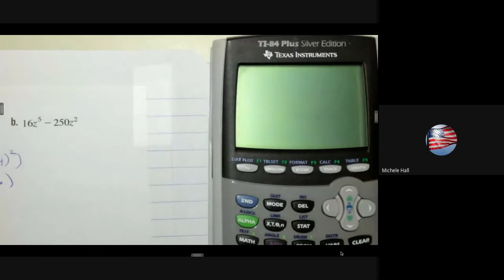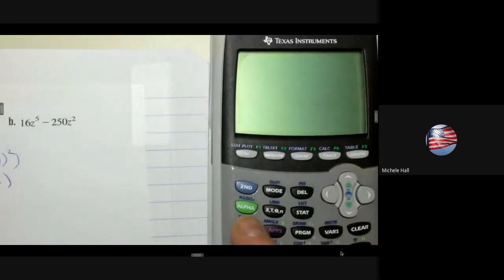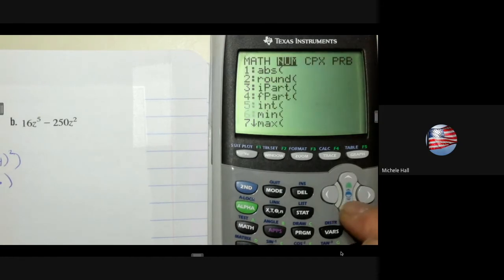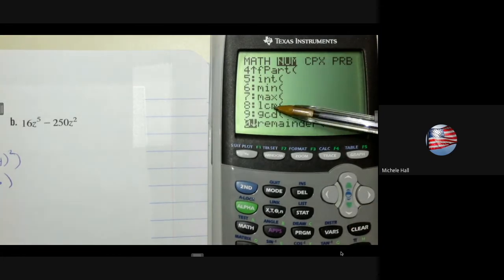If I go to the math button, I can go over to numbers. Under your math button, remember that's where you can see a cube root, or any root that you want to do. I can also get fraction answers and decimal answers. All right, so I'm going to go over to number. And if I scroll down to number 9, we see that we have least common multiple.